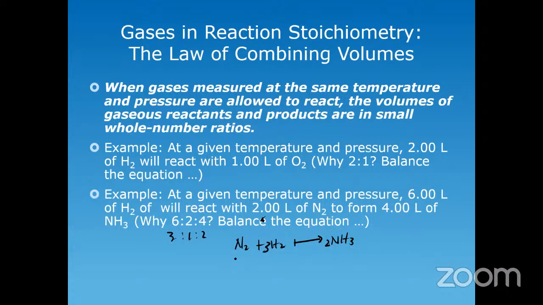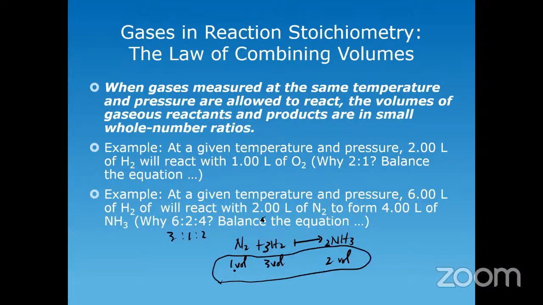So again, you're going to see the mole ratio being the same as the volume ratio. So basically 1 volume unit of nitrogen will react with 3 volume units of hydrogen to form 2 volume units of ammonia. So that's where we get that ratio from, the volume ratios.